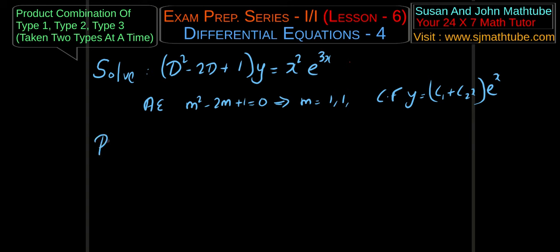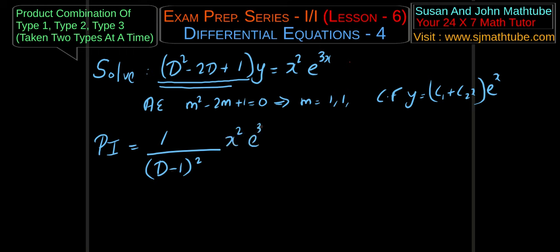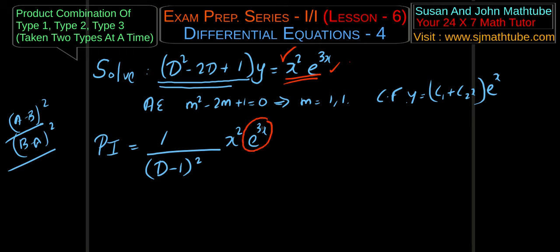Okay, now the PI is 1 by the operator. I can see that this operator is d minus 1 the whole square, isn't it? a square minus 2ab plus b square, of x square into e power 3x. Now look at this. This is type 3. And in type 3, what we do is we keep the exponential here.